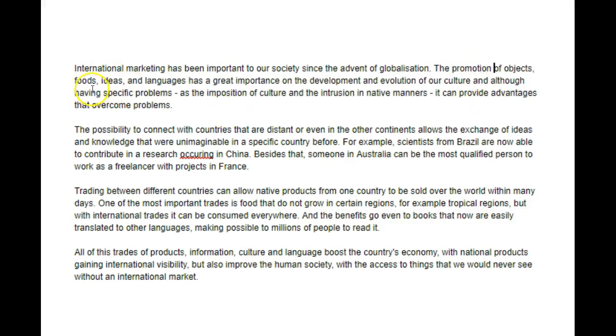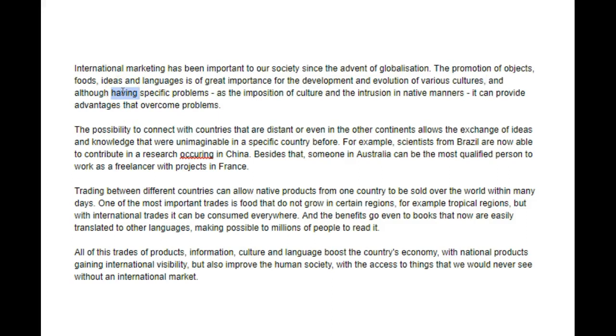The promotion of objects, foods, ideas and languages. We don't need the comma in the last item in the list. Is of great importance for the development and evolution of, it's not our culture, it's various cultures. We're not talking about us alone.